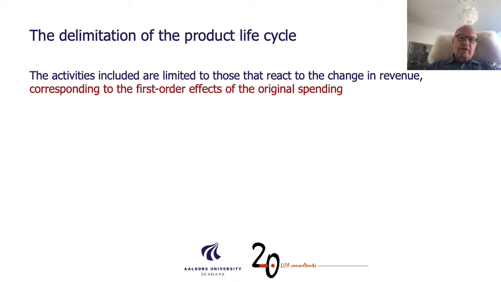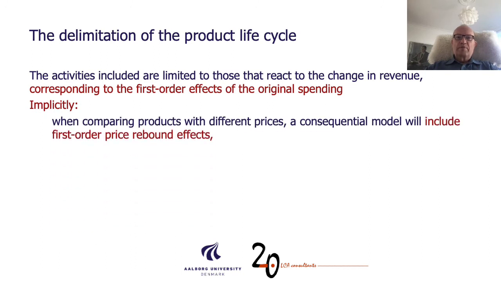So what we're modeling, you could say, is what corresponds to the first order effects of the original spending. So we're only including those activities that are reacting to the change in revenue, but we don't include what the consumer is doing with the money.